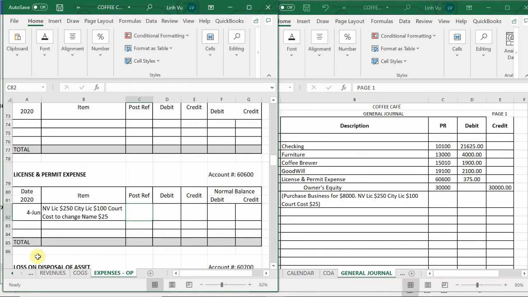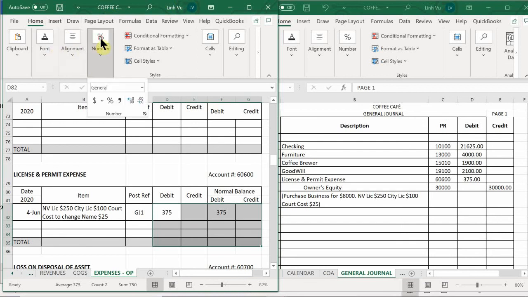So in this case, for the post reference, this transaction happened on the first page of my journal, and it gives me a grand total of $375.